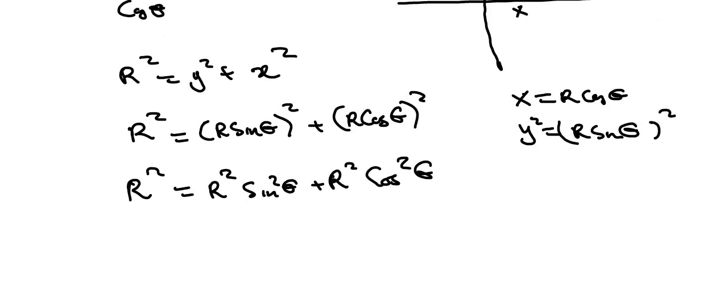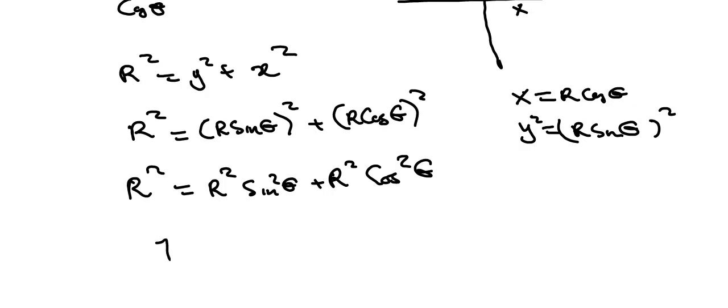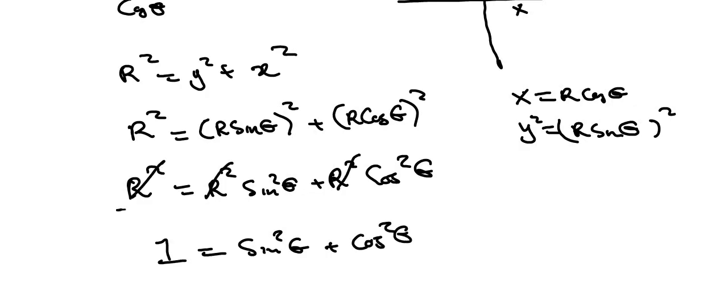You notice something common here, R squared throughout, right? So you can divide throughout by R squared. Because R squared is common, we can just cancel it. So this is what we are going to create.